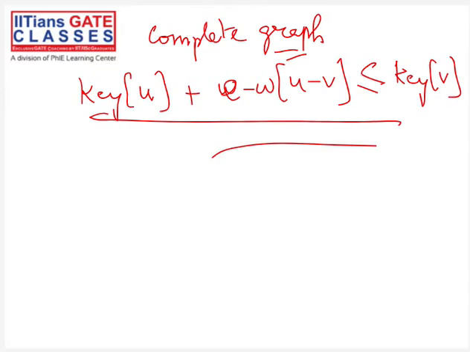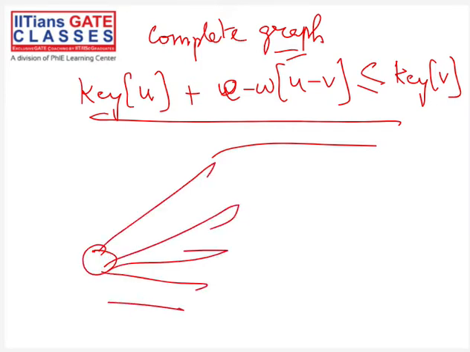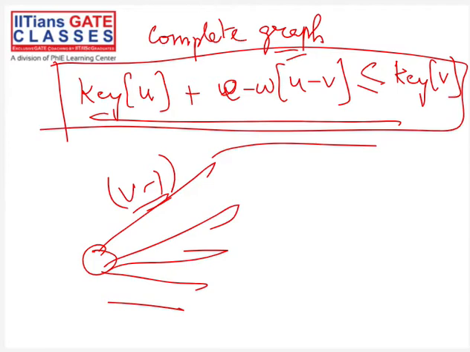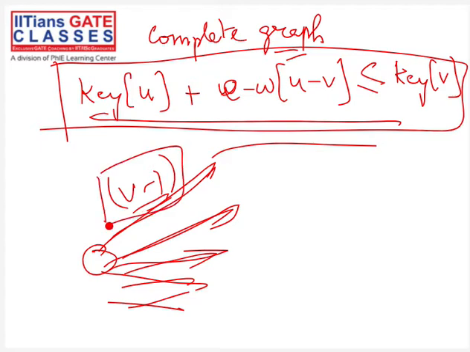In the worst case, if one particular vertex is connected to every vertex, those connections will be V minus 1, correct? And you're doing this for all the vertices, correct? So basically, for all the vertices, you're doing this. Even if I don't have these many edges, still, let me just concentrate on this first, then I'll concentrate on the next part, okay?